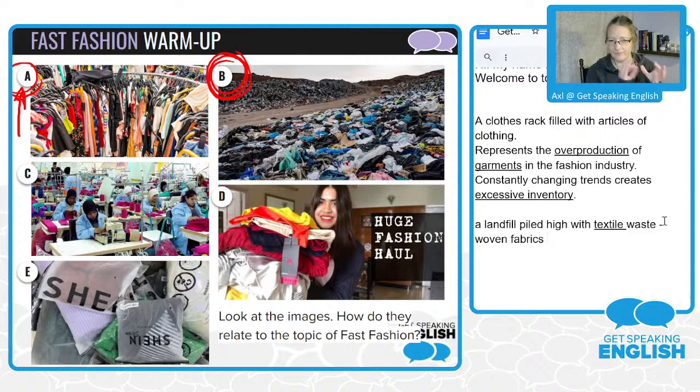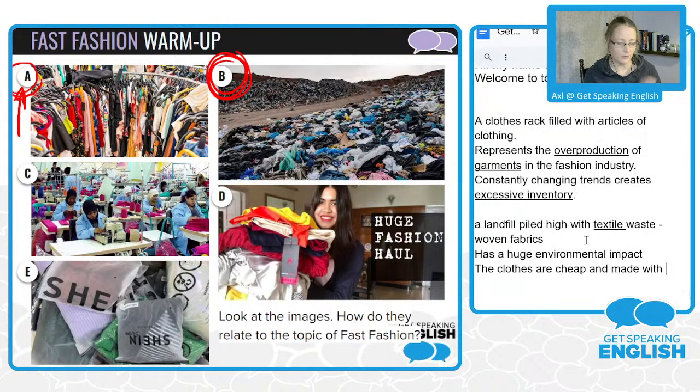Basically, yeah, woven fabrics and things that are used to make clothing or other similar items, right? And it has a huge environmental impact. Like you said, the clothes are cheap, and maybe made with low quality materials.